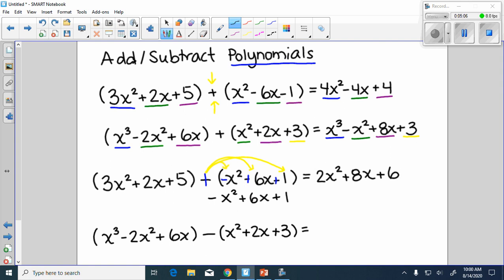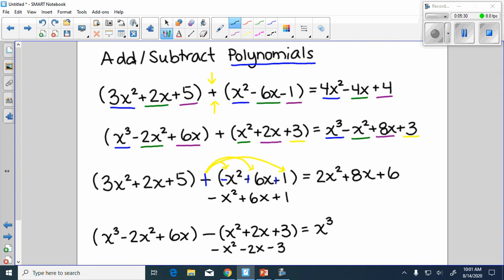Same idea. If I'm subtracting those second two polynomials, I need to make sure that I understand I have a negative x squared there, a negative 2x, and a negative 3. I need to do all three of those things, write them down in some way, shape, or form before I start combining like terms.